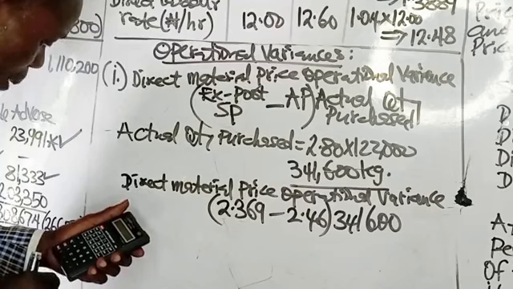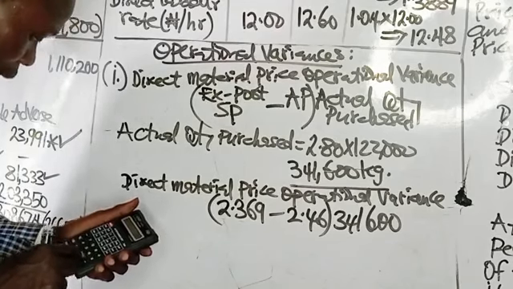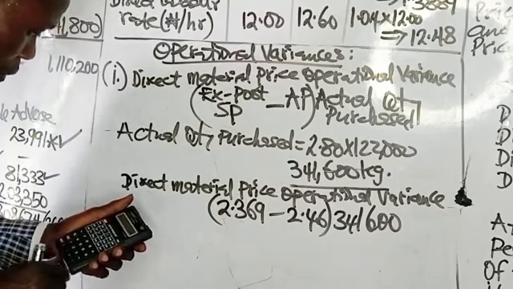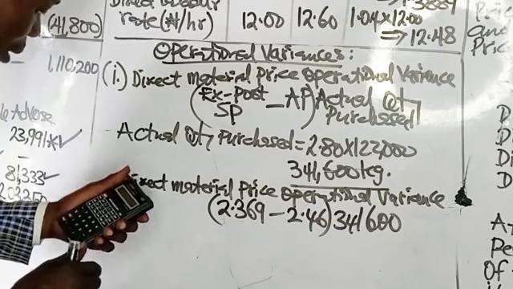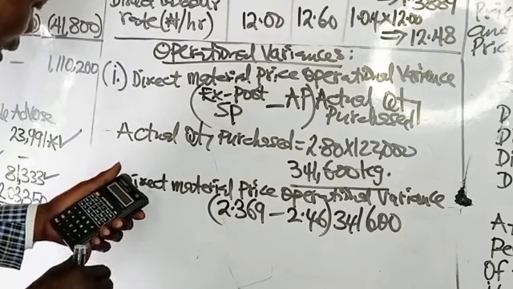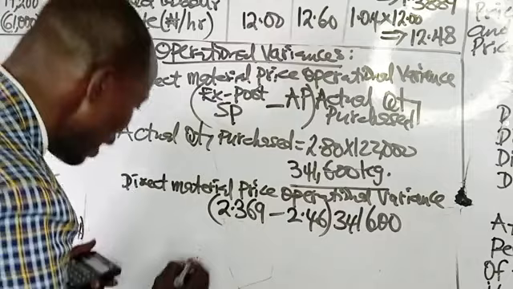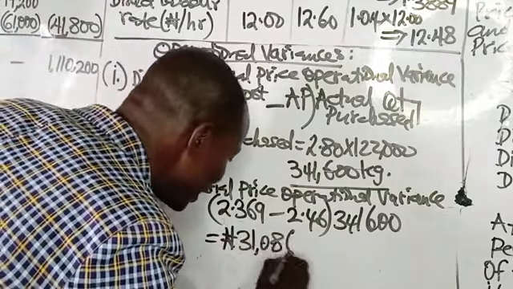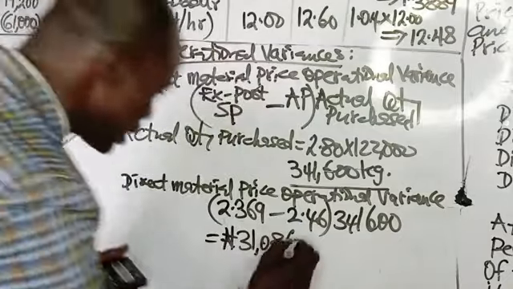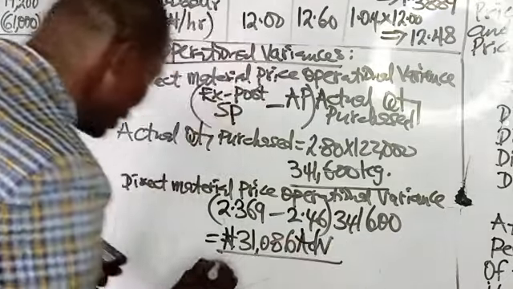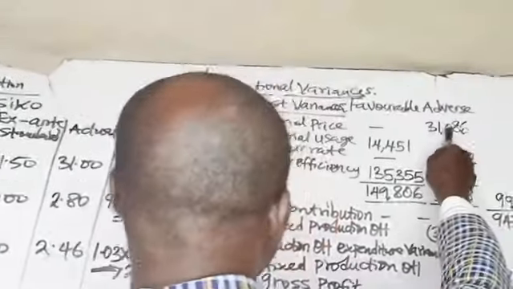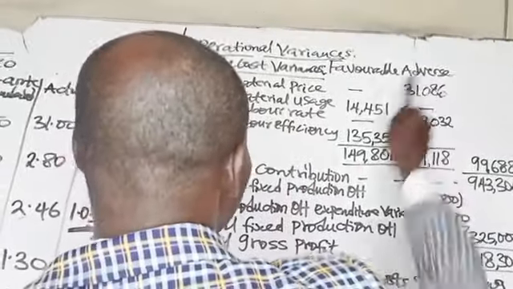The difference is 0.091 times 341,600, which gives us 31,086 approximately. This is greater, so it is an adverse variance. If you compare this with the figure given in the question, you discover both agree as 31,086.